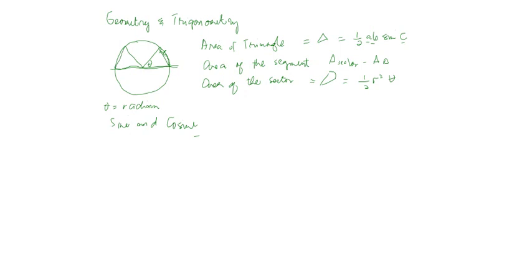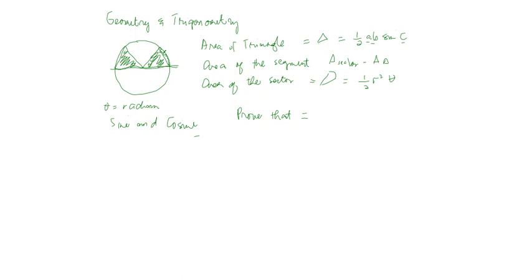Then you will be asked to find the angle, let's say this angle, or it may be that the two areas are equal, and you have to prove that they are equal using the given conditions.